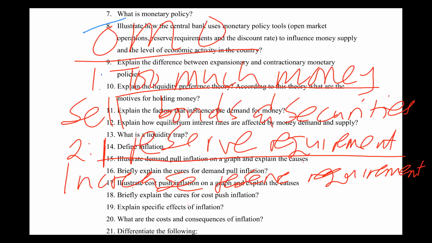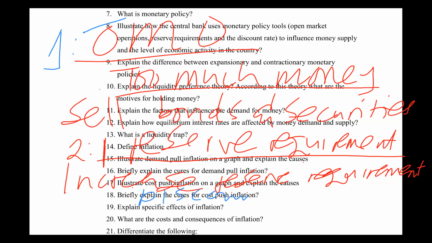When we have too much supply of money, number one, using open market operations, the central bank sells the what? The securities. That is what we've just said. They sell the securities, they sell the bonds. Then using the reserve requirement, they increase the reserve requirement. What about the discount rate?